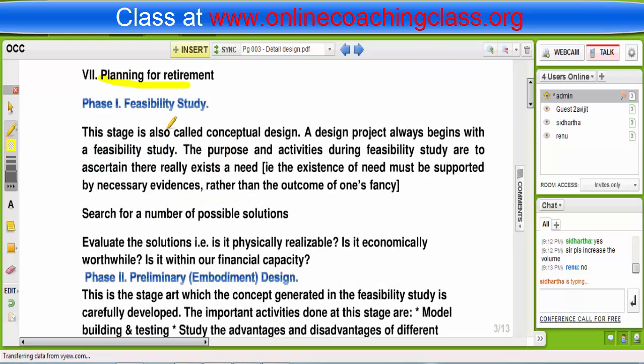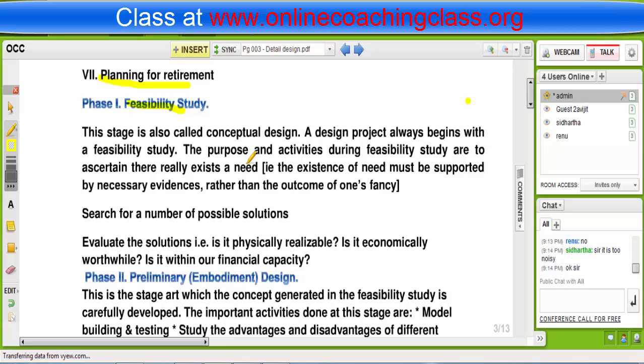Okay. Now feasibility study. This stage is also called conceptual design. The purpose and activity during feasibility studies are to ascertain that there really exists a need.